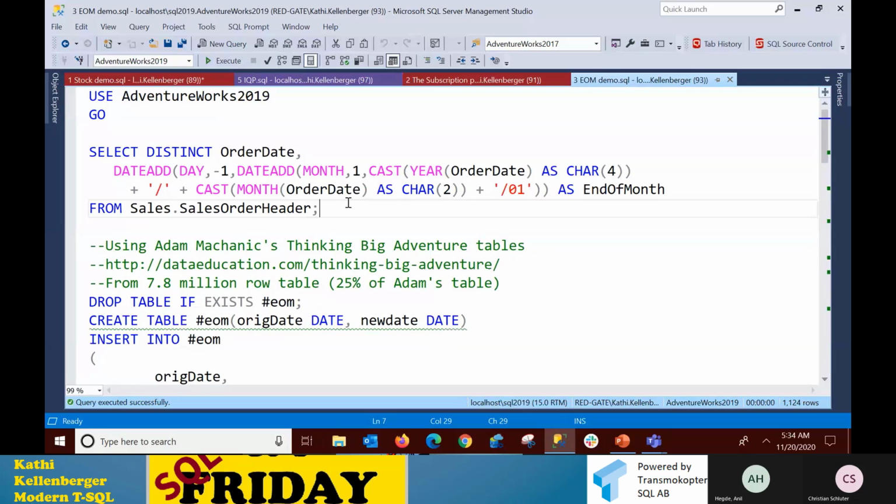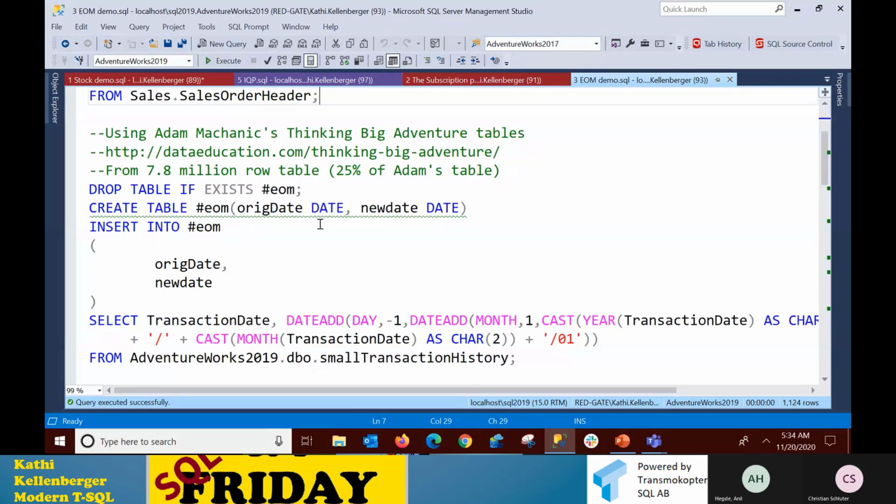Who knows? So to test this, I wanted to use a bigger table than was available in AdventureWorks. I like doing examples and demos with Adam Machanic's Thinking Big Adventure tables. You may know him because he's also the author of sp_WhoIsActive.